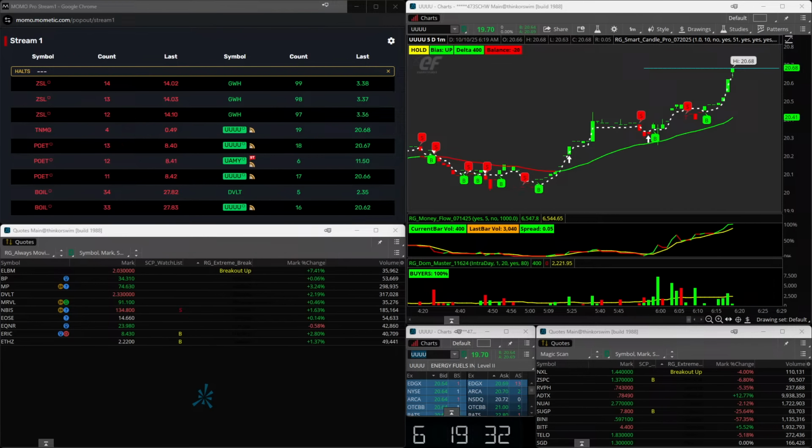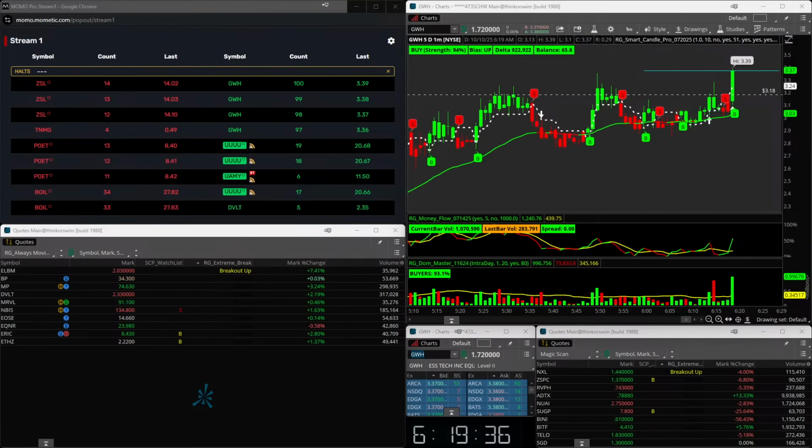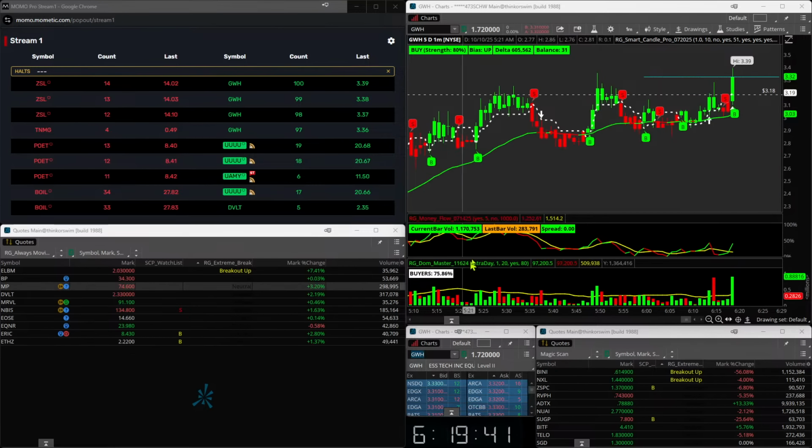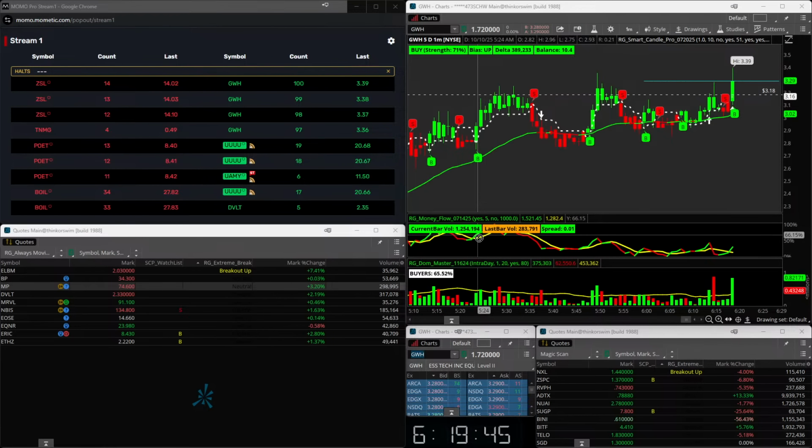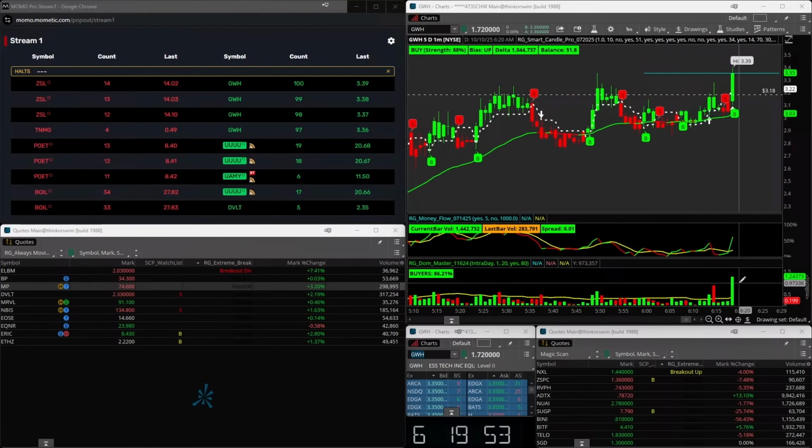GWH being called out. Breaking out to 340. Checking the current bar volume. It's in the millions. Let's see if they're going to drive it higher. Money flows turning north. Nice tall green bar above the yellow line. Pushing a little bit higher.